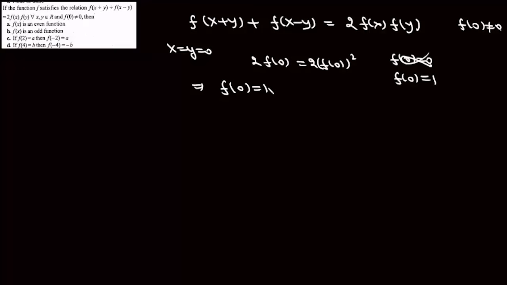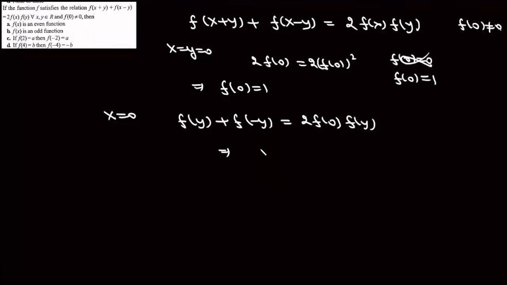Now we need to find whether f(x) is an odd function or an even function. So for this, what we'll do is we'll simply put x as 0. We'll get f(y) plus f(minus y) will be 2f(0) f(y). Now f(0) is 1. So from here we'll get f(minus y) will be equal to f(y).